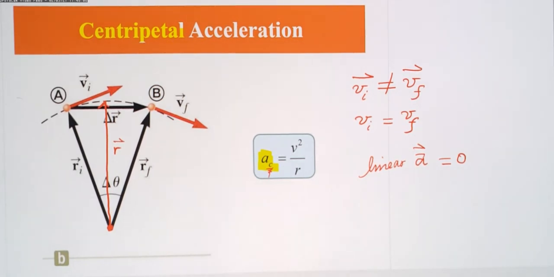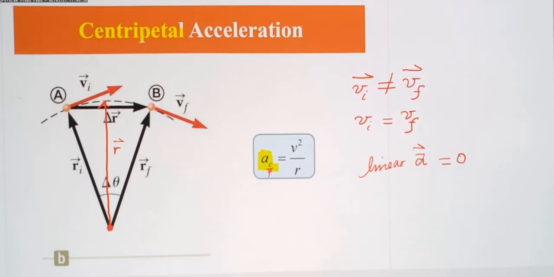But for centripetal acceleration, you must have something that will hold the object to go into that centripetal motion. And that thing, if it is a string, or if it is gravity, like what is holding the moon to go into centripetal acceleration with Earth, it's gravity.